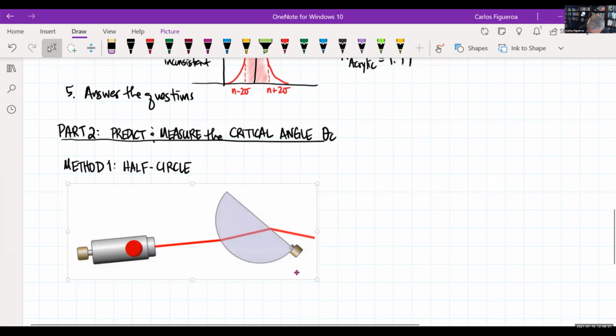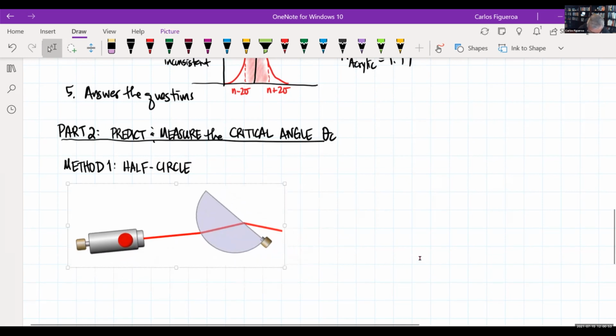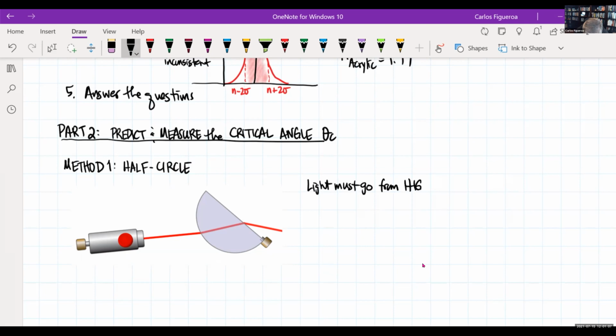So here's what we're doing. In order to get total internal reflection, light must go from higher to lower index. So this ray out here, we don't care about. We only care about the ray that's inside.